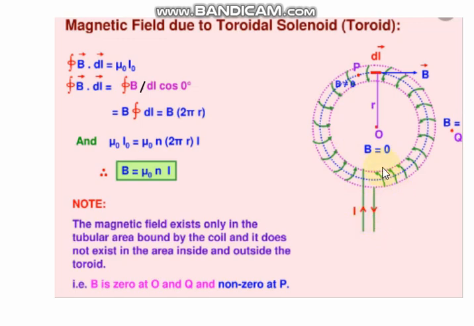So the current enclosed by this Amperian loop is n times 2 pi r times I.